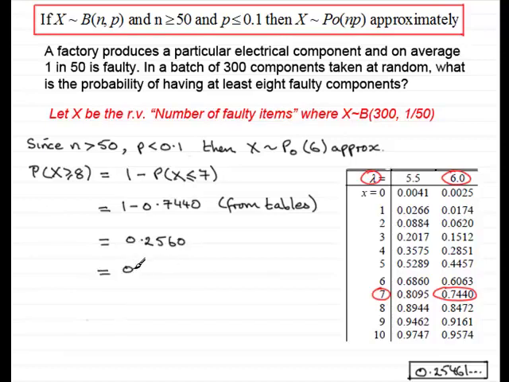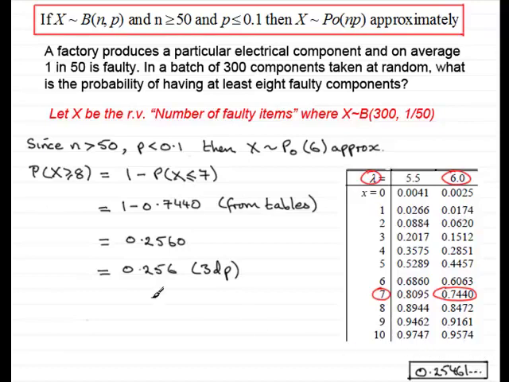So if we round that to 3 decimal places, 0.256 to 3 decimal places. So this is the approximate value, 0.256, and remember the real value, the actual value, was 0.25461 and so on.